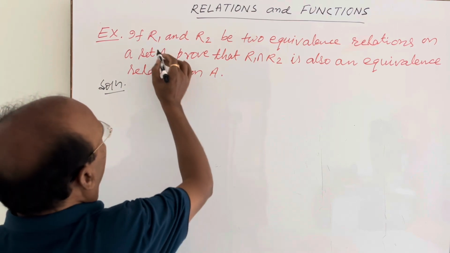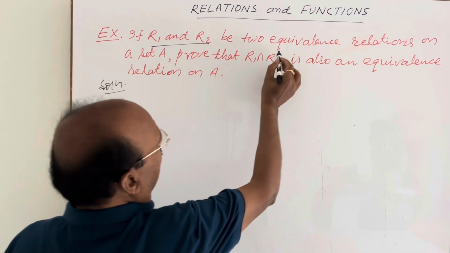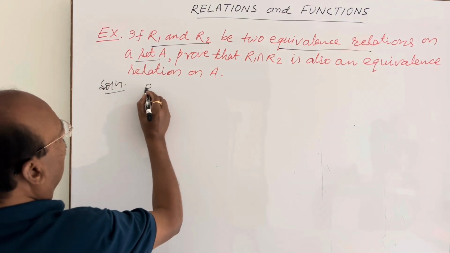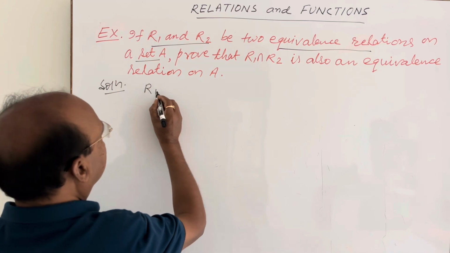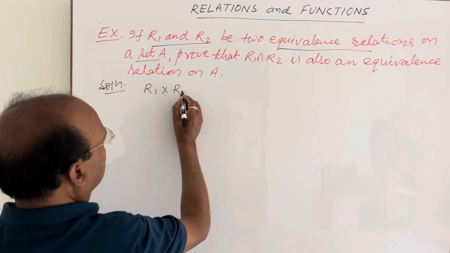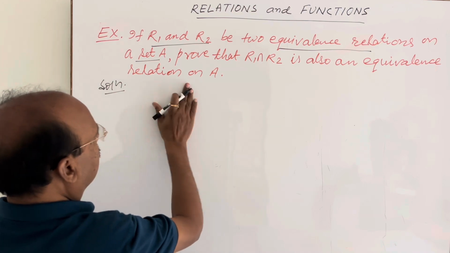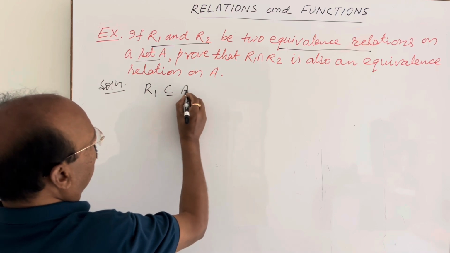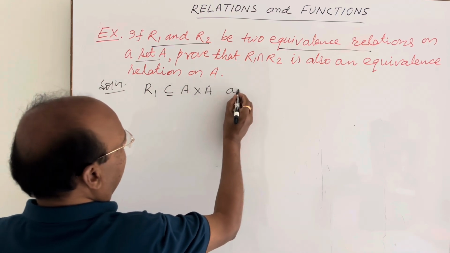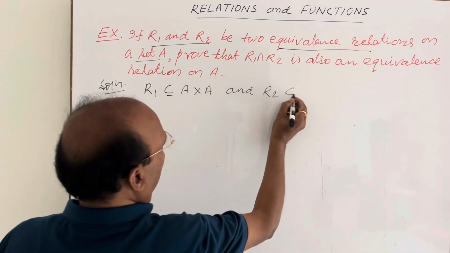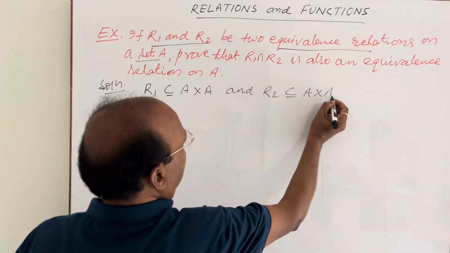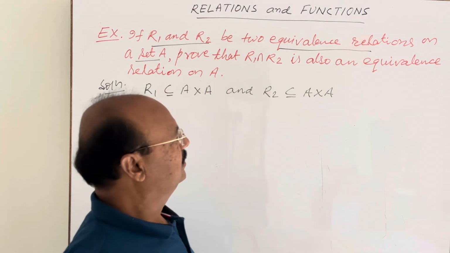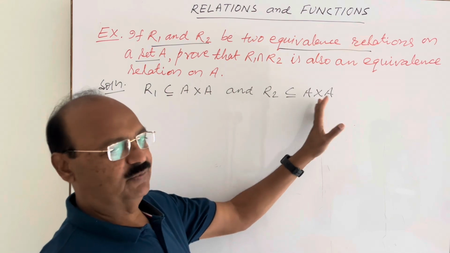Here it is given that R1 and R2 are two equivalence relations on set A. It means R1 is a subset of A cross A as well as R2 is a subset of A cross A. As we have seen in the definition of relations, a relation is a subset of the Cartesian product of sets.